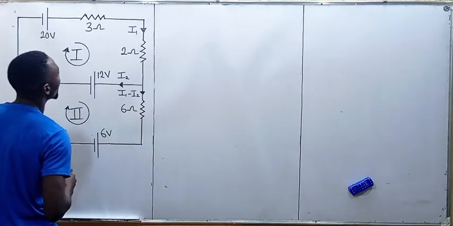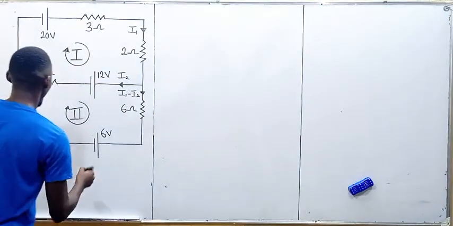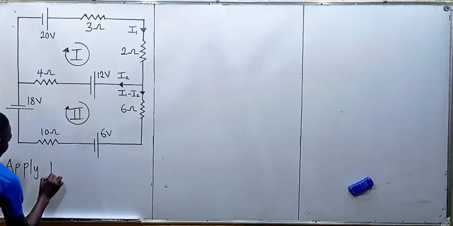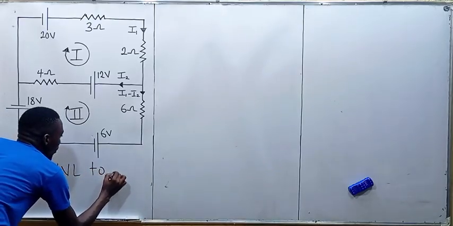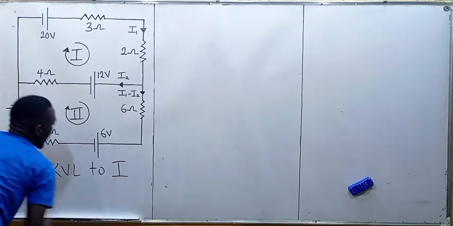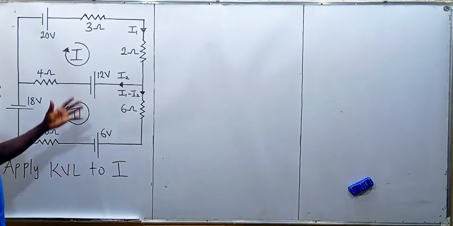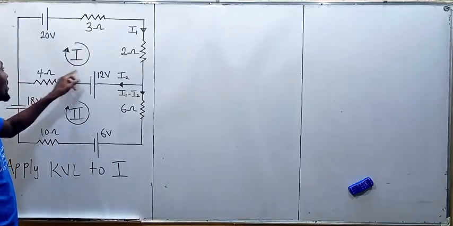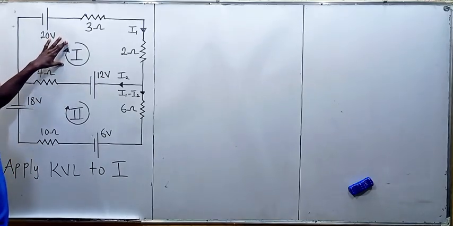The first thing we are going to do is to apply the Kirchhoff voltage law, KVL, to loop 1. You will agree with me that our current is going in the same direction as the clockwise direction.